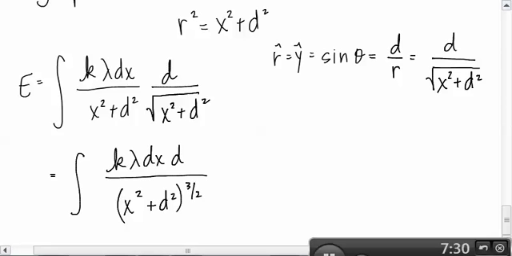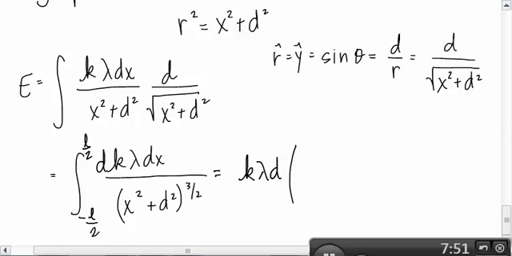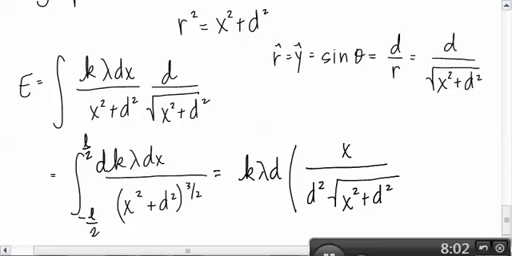Now you probably want to look at an integral table. I looked it up in an integral table in a textbook over there in my cabinet, and you wind up with k lambda d x over d squared times the square root of x squared plus d squared.